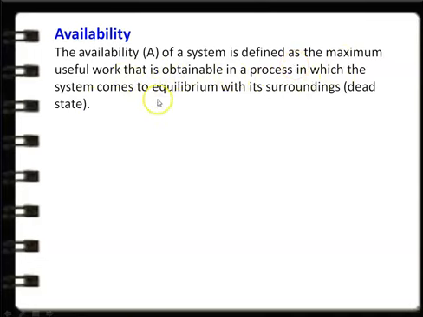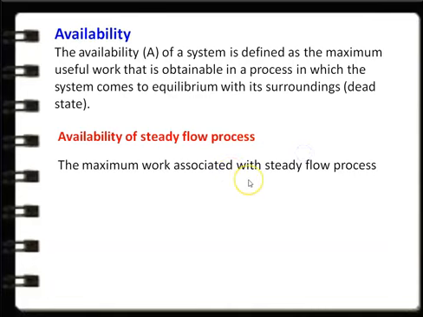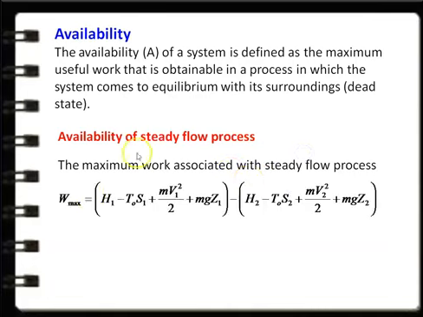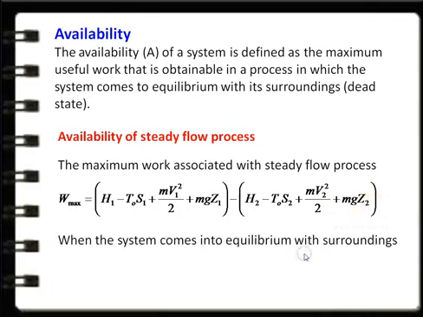Availability of a steady flow process is the maximum work associated with the steady flow process. We already defined W max equal to H1 minus T0 S1 plus m V1 square by 2 plus m g Z1, minus H2 minus T0 S2 plus m V2 square by 2 plus m g Z2. That is the maximum work obtainable in a steady flow process.